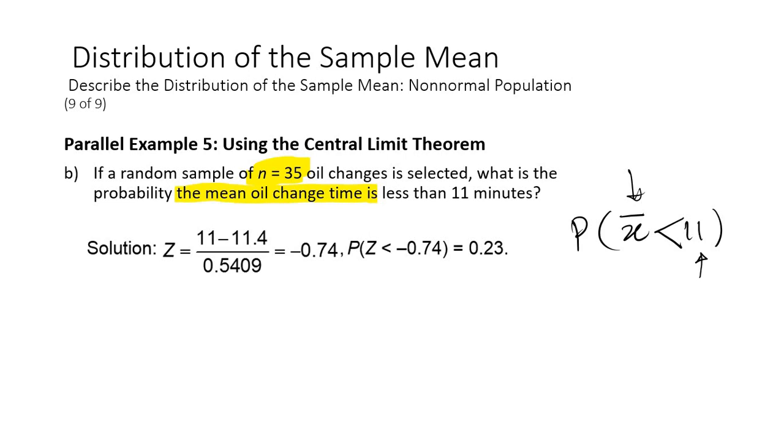So the z-score for that number 11 is going to be the x, which is the number 11 here, or x bar in this case, minus the mean. We computed the mean previously, so the mean of the sample mean was 11.4. That is the mean of the sample mean, and then divided by the standard error, or standard deviation of the sample mean.